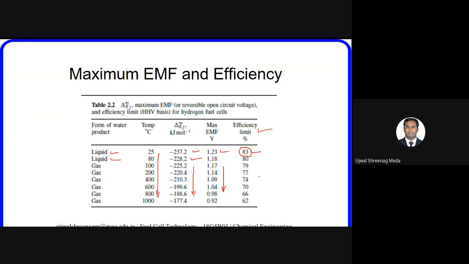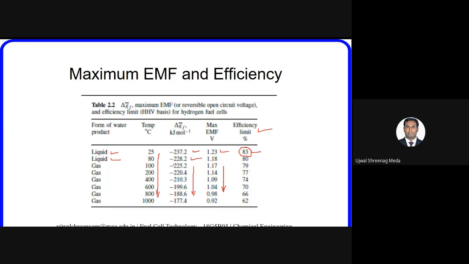So what did we learn so far? It is the Gibbs free energy of formation that can be effectively converted into electricity in a fuel cell. What is the reference? So it is the enthalpy of formation. So in order to find out the maximum efficiency, we have to take these two into account, the ratio of delta GF by delta HF.